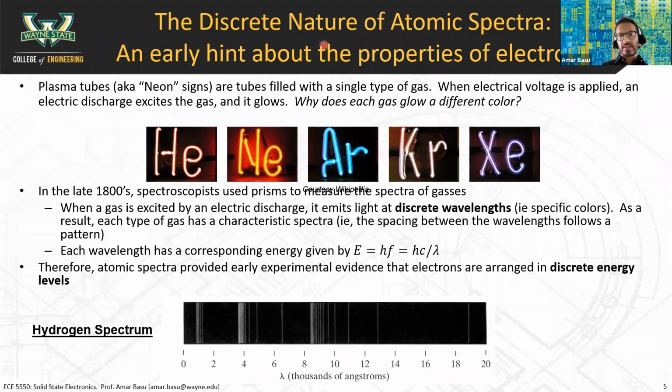So the first topic is the atomic spectra. The way we're talking about this is kind of like a historical perspective. If we put ourselves in the shoes of physicists or spectroscopists back in the late 1800s, that's what we're going to do here. We see a phenomenon and we are going to try to explain it. Ultimately, we're doing this because these observations led to the Bohr model of the atom.